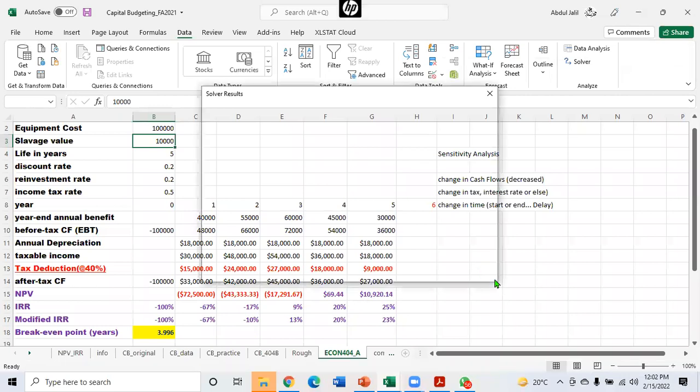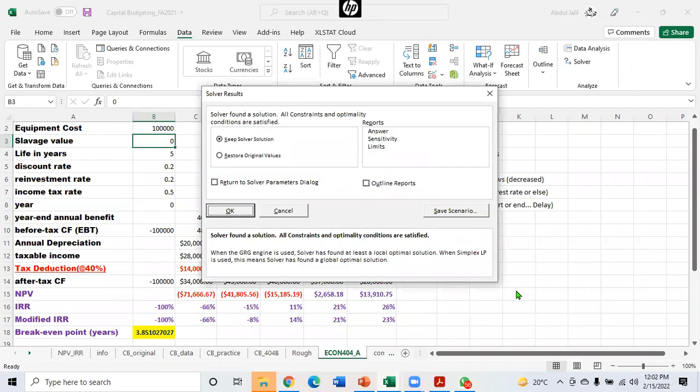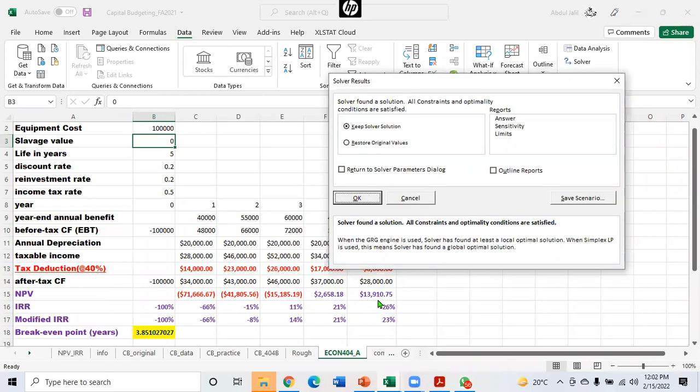If the salvage value becomes 0, then you can get this much NPV, 13,310. When the GRG engine is used, solver has found at least a local optimum solution. When simplex LP is used, this means solver has found a global optimum solution, right? So both options are there, and you can use whichever strategy for that purpose.